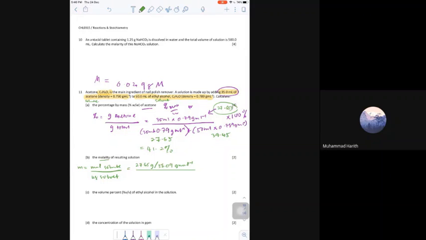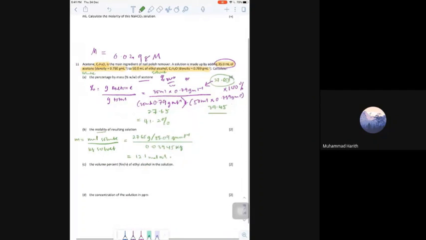For the kg of the solvent, we have 50 ml multiplied by its density. So we have the mass of 39.45, convert it to kg, 0.03945 kg. Then we will get the molality, which is 12.1 molal.